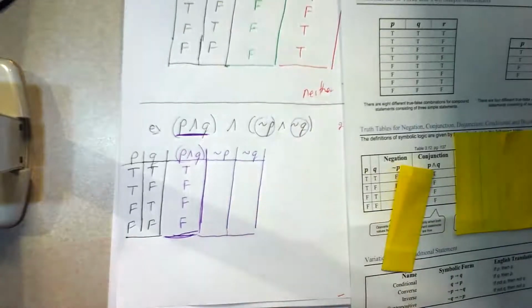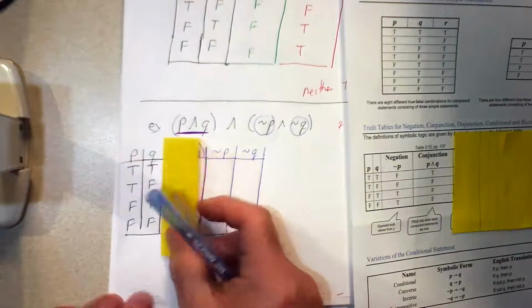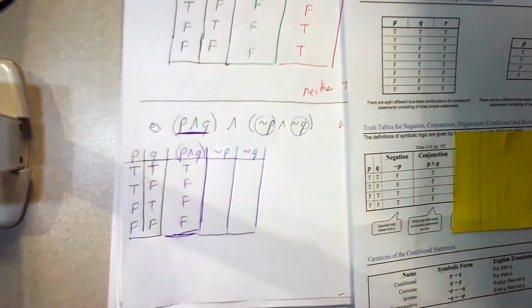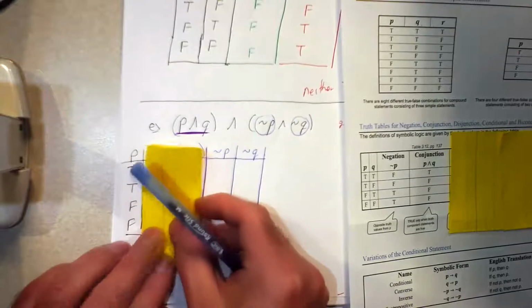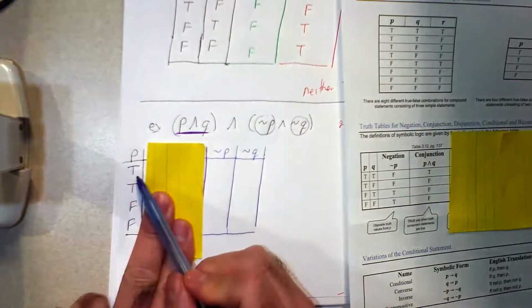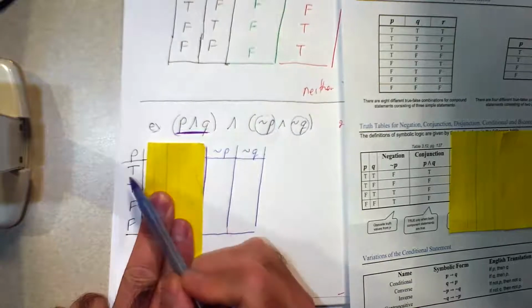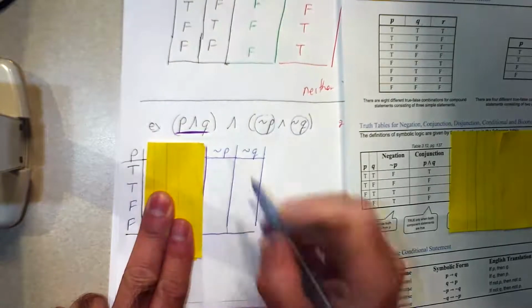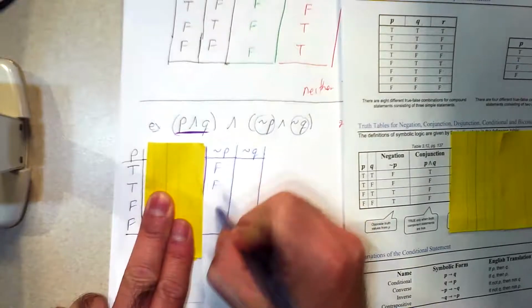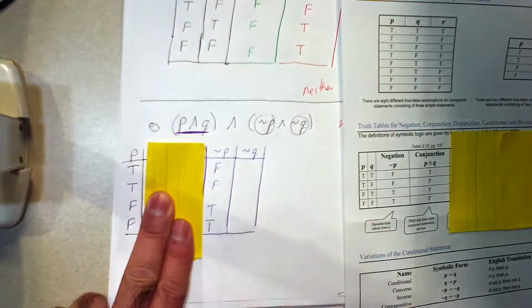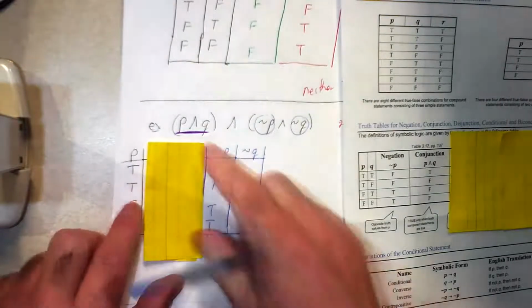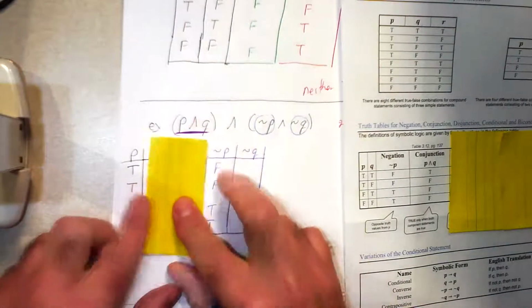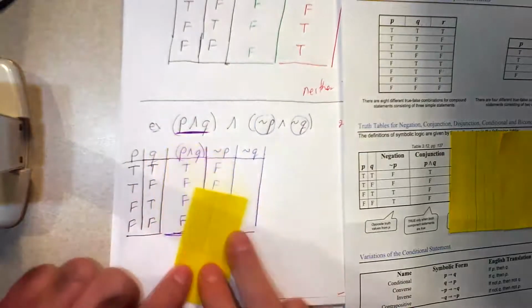And so remember, you're doing not P. We're doing not P. So we're getting the results here, and we're doing the opposite. So this is going to be F, F, T, T. Okay. And then I want to do the Q one.